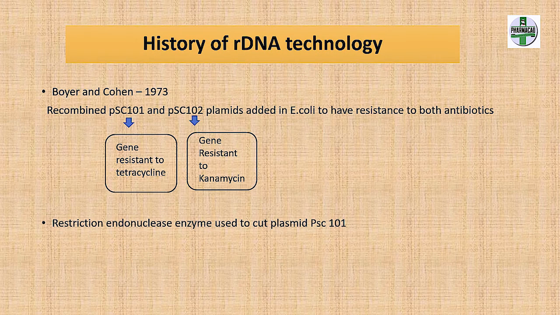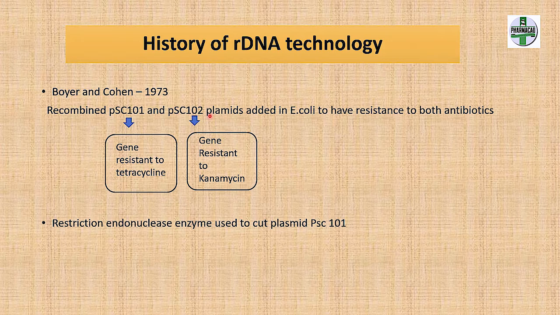The history of rDNA technology. The scientists Boyer and Cohen recombined two plasmids called pSC101 and pSC102. Once these two were combined, they were added into E. coli, so E. coli is acting as a host. Now the next question is, why only these two plasmids were used?